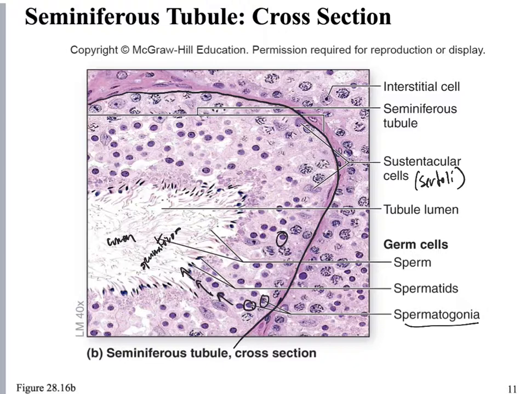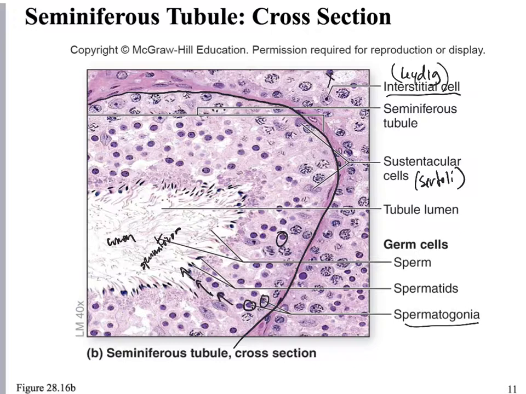All right, and then out here, in between, you have this area between the tubules. We call them interstitial cells, also known as Leydig cells. Interstitial means between cells, or in this case, between tubules.